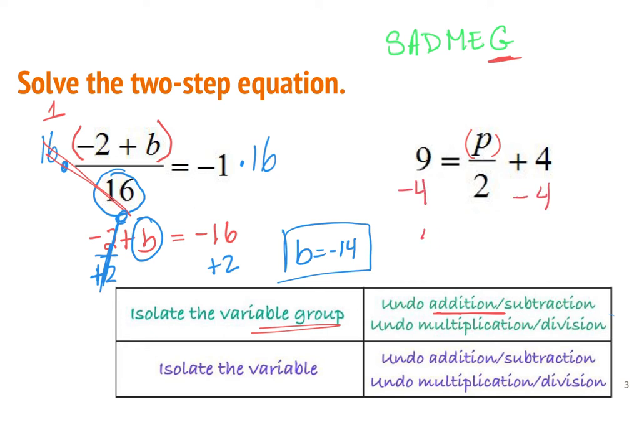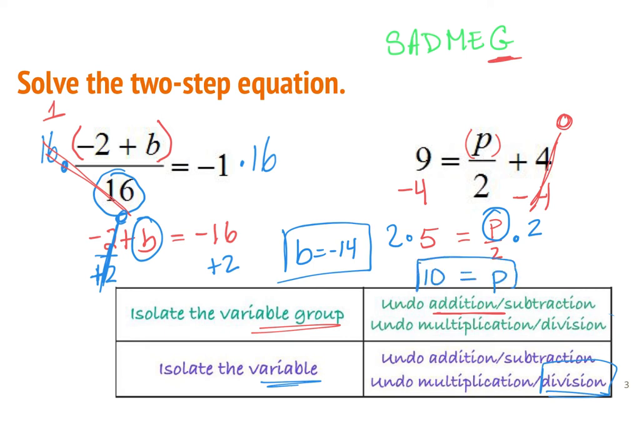So 9 minus 4 is 5. P over 2 stays because I didn't do anything with that. And this became 0. So now I can isolate the variable by undoing division, so I will multiply. So 2 times 5 is 10, leaving me with P.